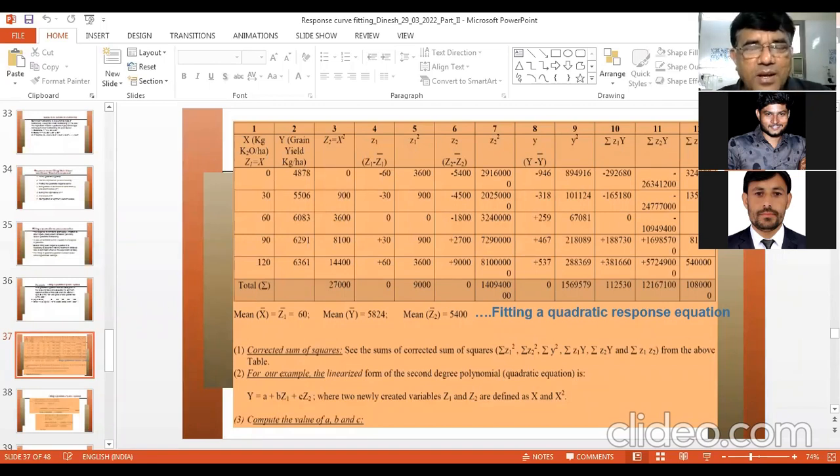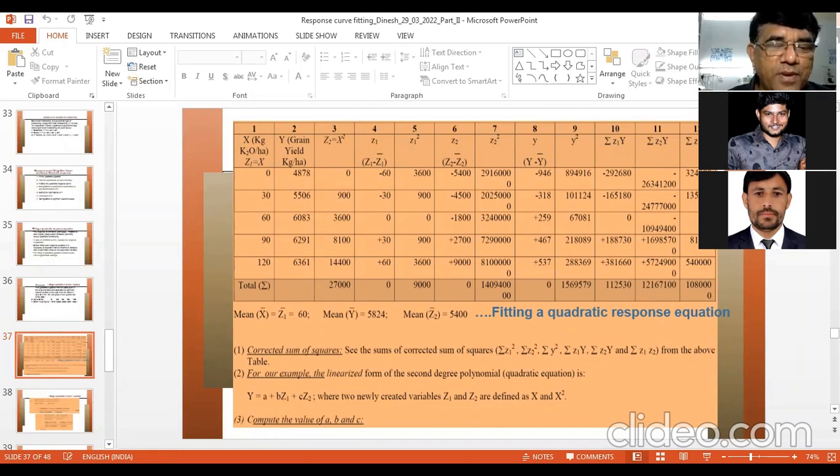If you have a curve, if it is not a straight line, then it is not possible to measure the distance from the data up to the curve, because it is curve. From a straight line, you can easily measure the distance, but from curvilinear curve, you cannot measure it. So what statisticians have done, they have linearized the equation. Equation is y is equal to a plus bx plus cx square.